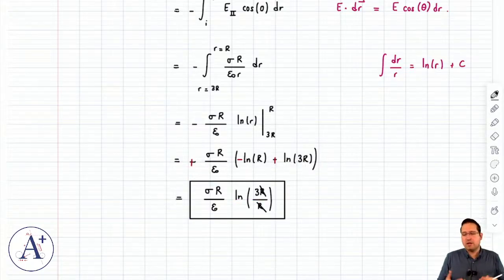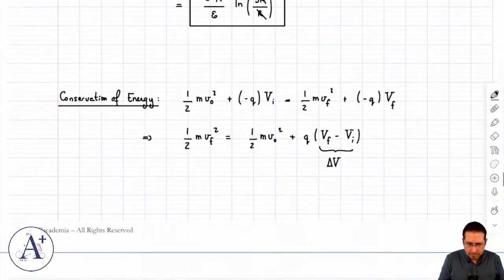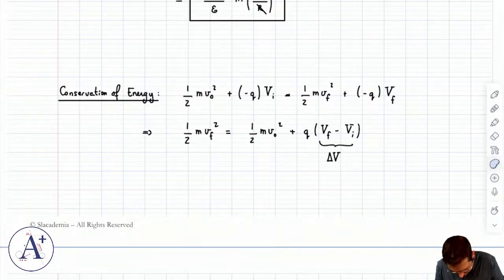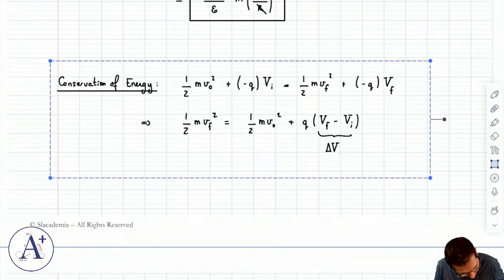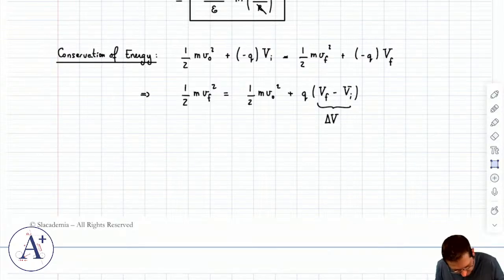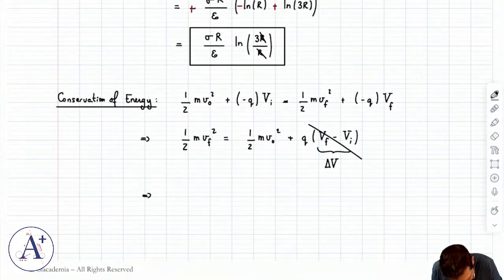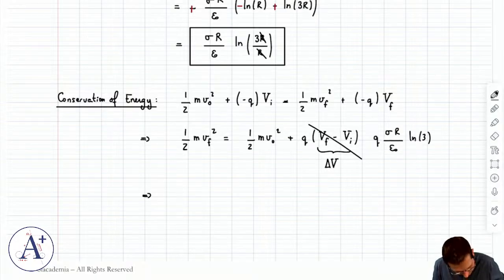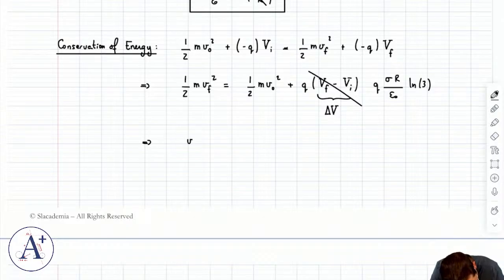Okay, so now we have delta V. Now that we have delta V, we can plug it into here. That's why, again, most of the answer keys you would find would start by finding delta E. So this is going to be Q times delta V, which is Q sigma R over epsilon naught, natural log of 3. So to get V final, I'm going to multiply by 2, divide by m.